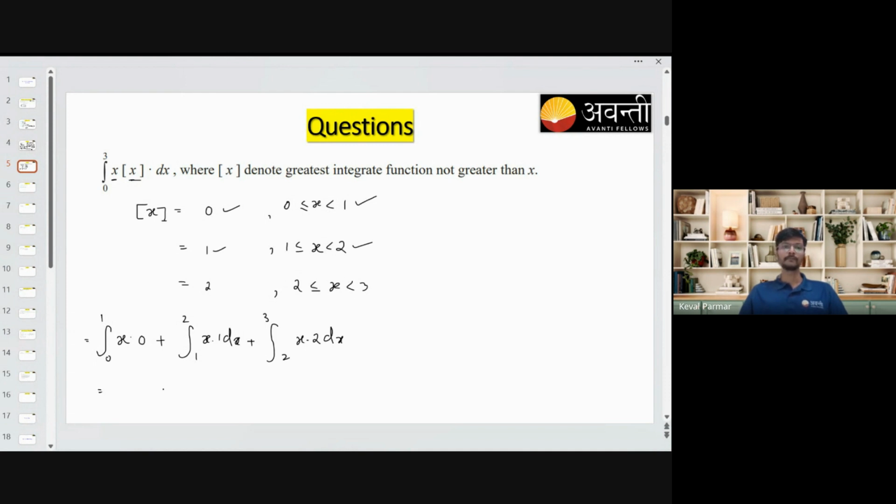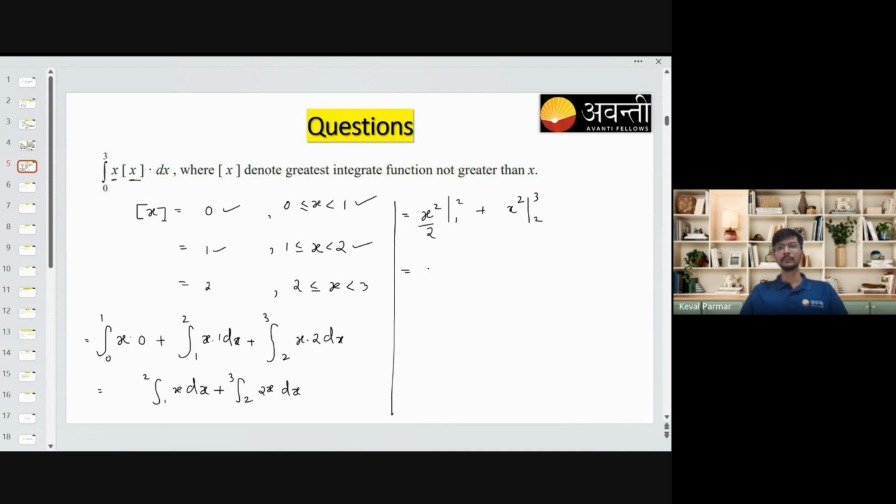So our answer will be integration of 1 to 2 x dx plus integration 2 to 3, 2 into x dx. Let us integrate. So we'll get x square by 2 from 1 to 2 plus x square from 2 to 3.